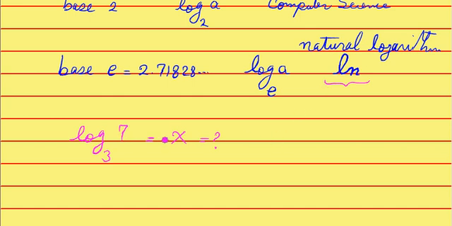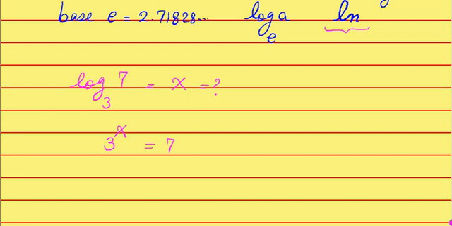Let's go ahead and write this in the exponent notation. Whatever this number is, whatever x is, has the property that if 3 is raised to that power, so 3 raised to the power of x, is supposed to be 7. This is an exponential format of the same fact.